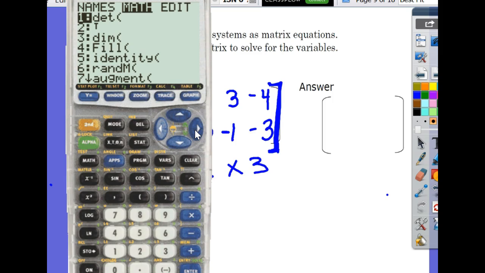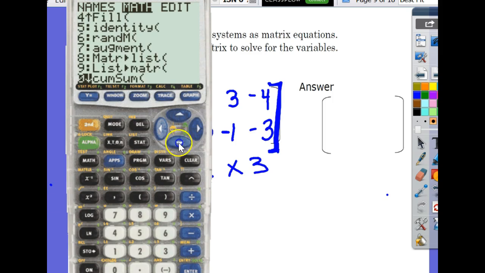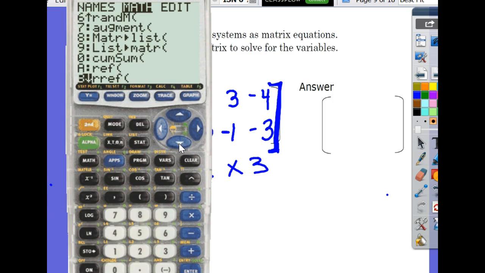Jeremy, read the next step. RREF. Now, that would be the number, it goes 1, 2, 3, 4, 5, 6, 7, 8, 9, 0, A, and B. On your notes, do you see where it says RREF?